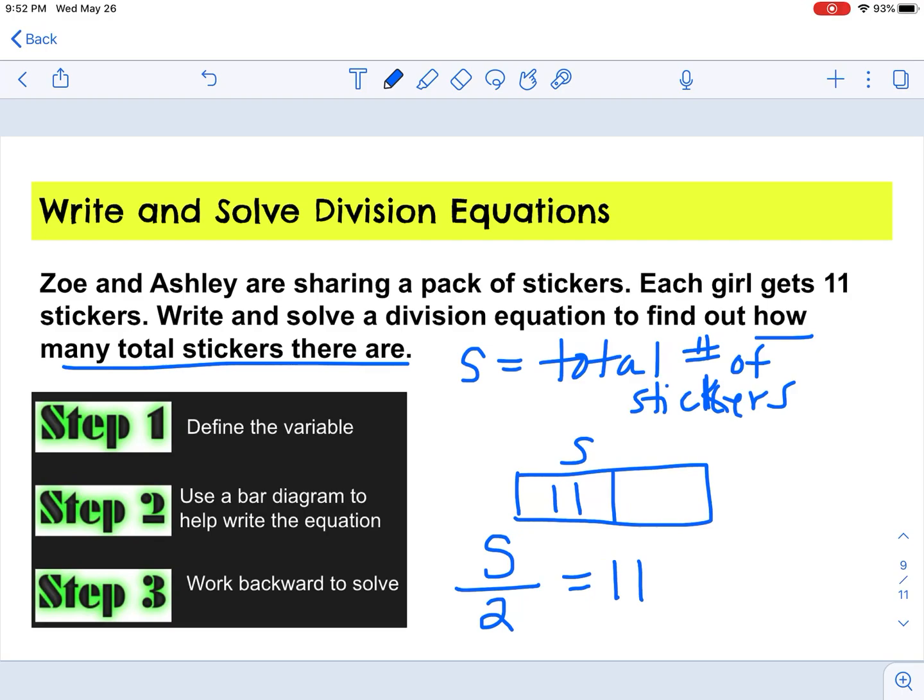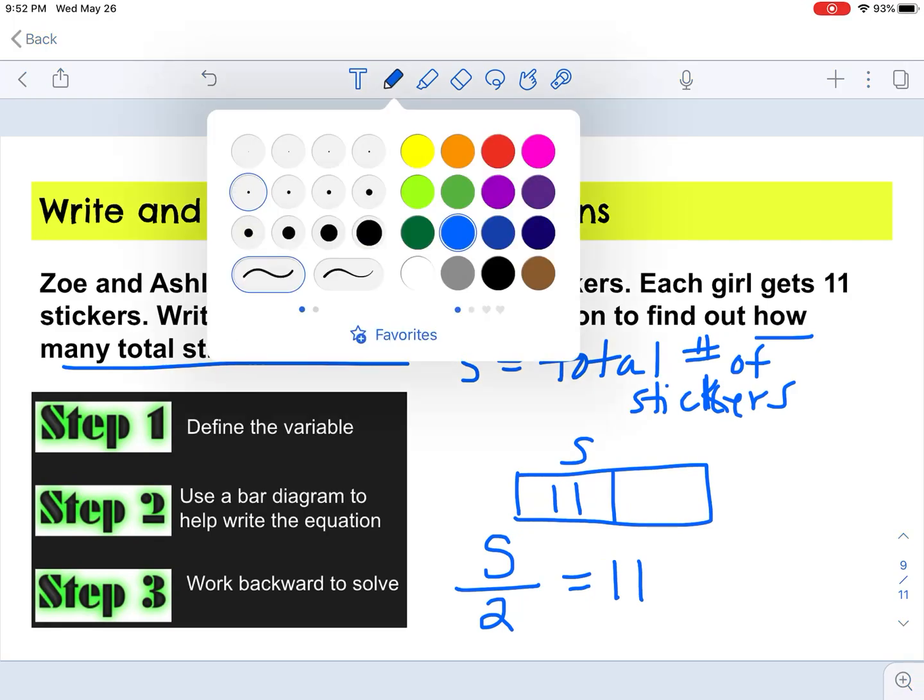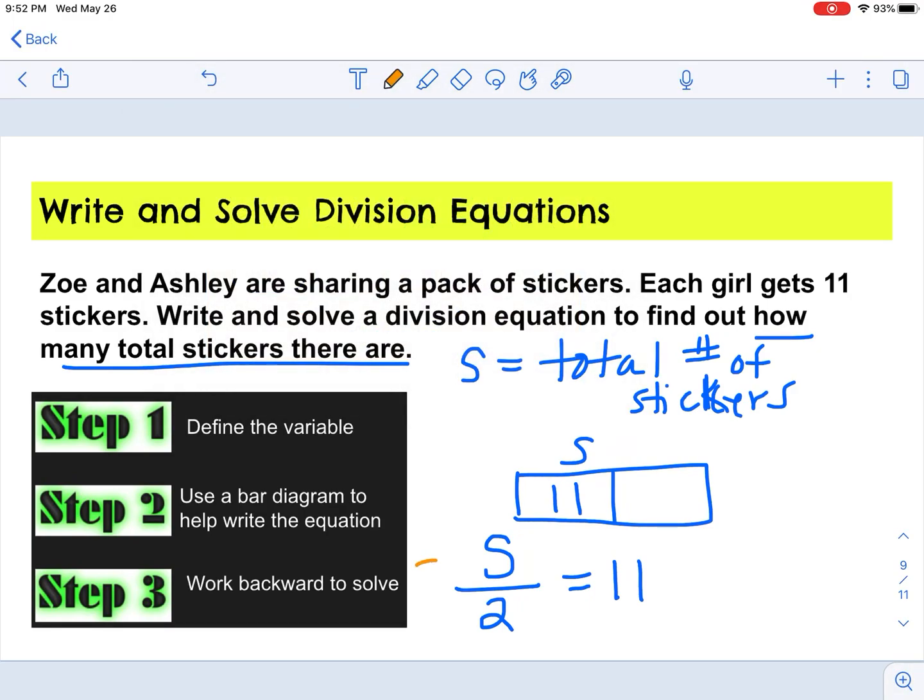You can reverse those. To solve it, we're going to multiply both sides by 2 because we want to get that S by itself. And I know that S is 22. With my visual, I can see that they're both going to get 11. That would give us a total of 22 stickers.